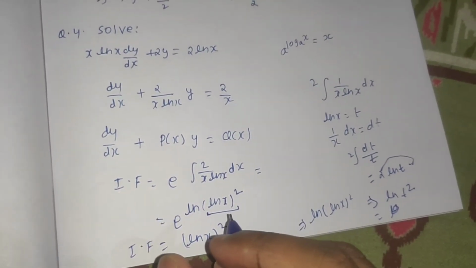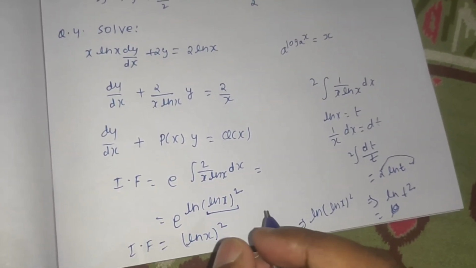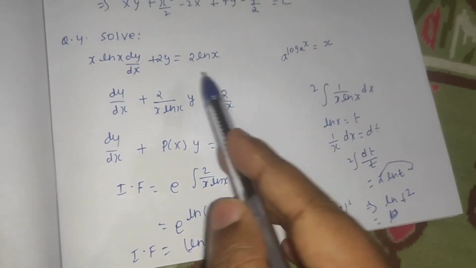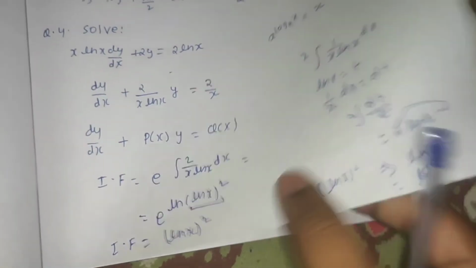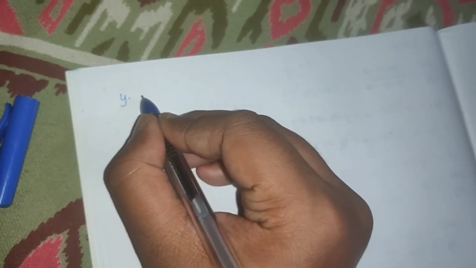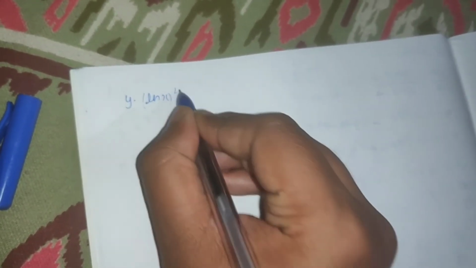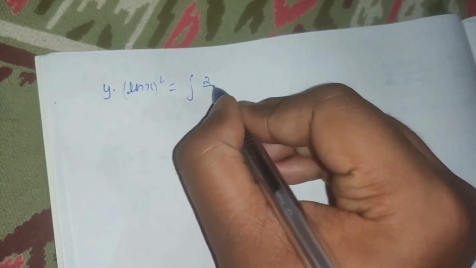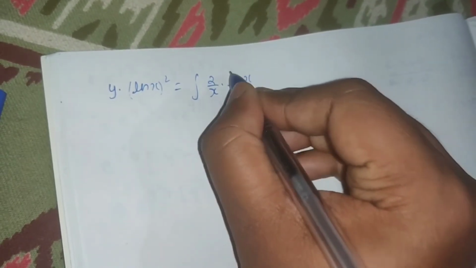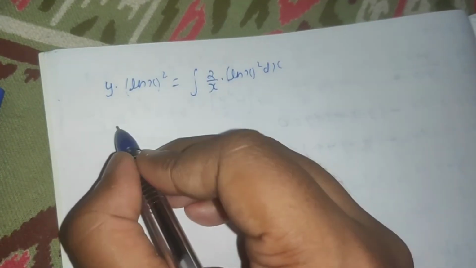Now what we say as a solution: y into integrating factor equals to Q into integrating factor dx. So y into integrating factor, which is ln x whole square, equals to Q of x, which was 2 by x, into integrating factor dx.